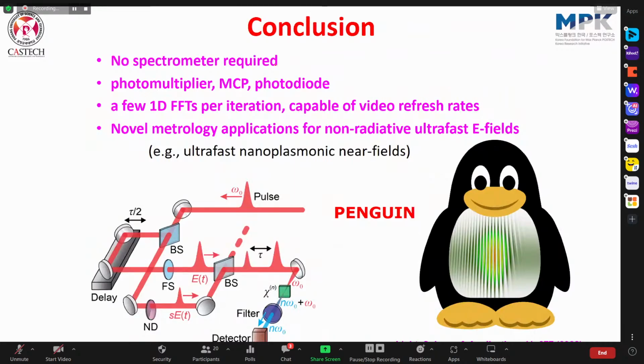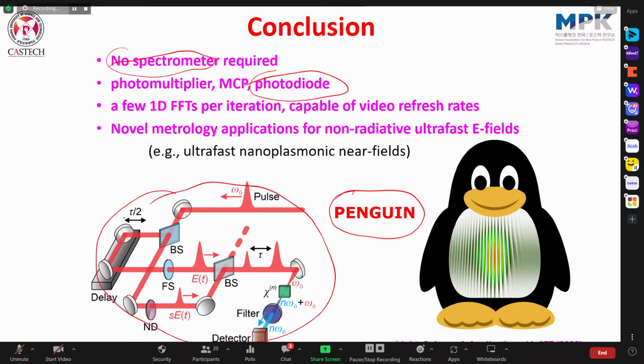Basically, we introduced a new method called the penguin for complete characterization of optical fields. It doesn't require any spectrometers. You just use a photodiode, so the setup is very simple. Basically, this is the interferometric autocorrelator, and you just introduce a neutral density filter in one arm to break the symmetry between the 2 arms.